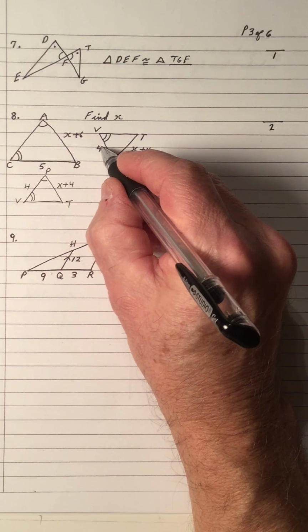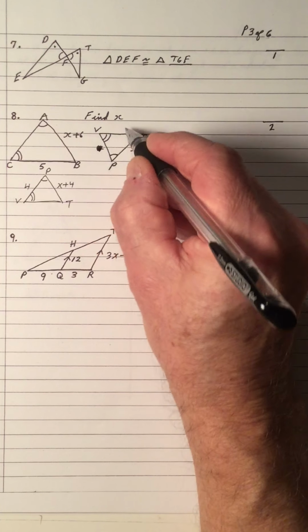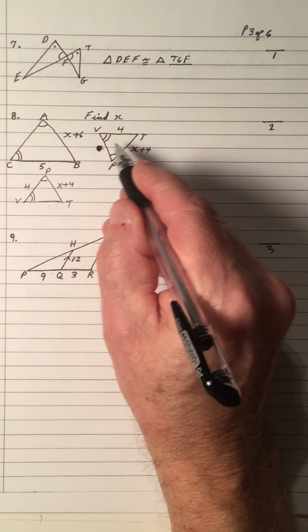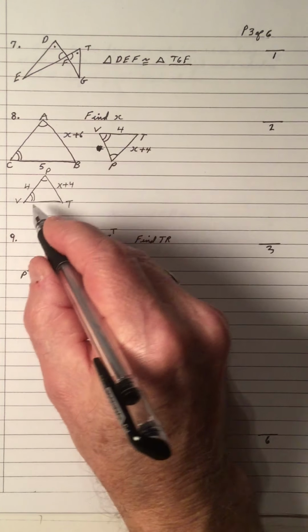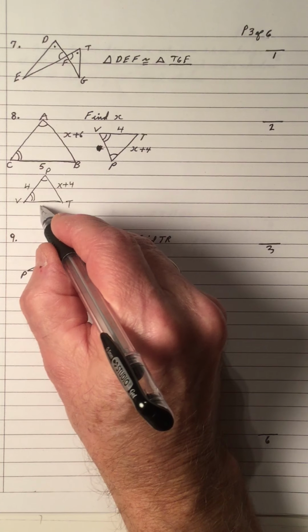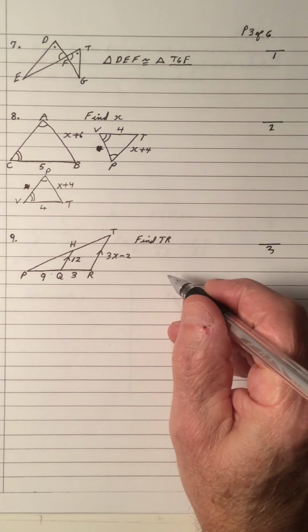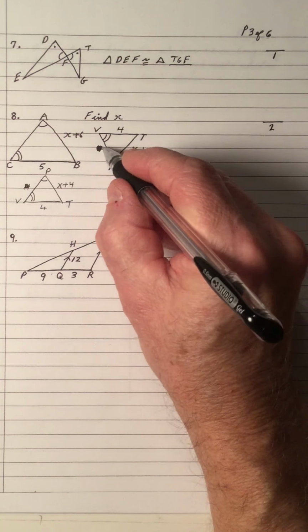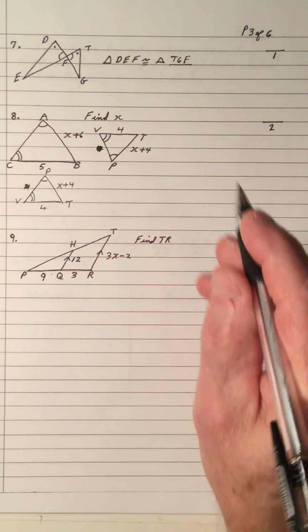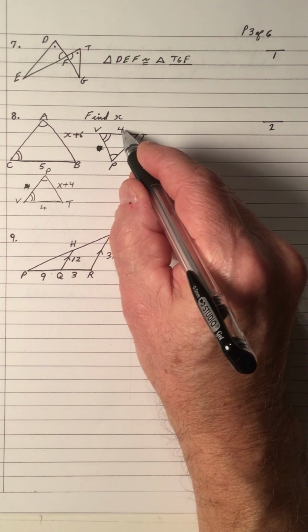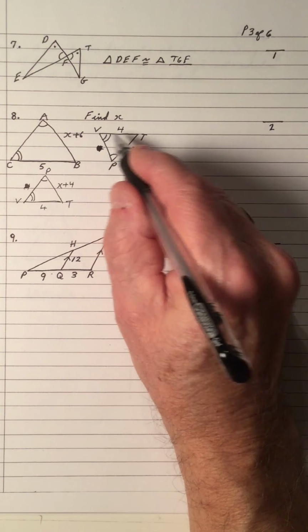Now, if I had that 4 right here, then because I have VT, which is 4 instead of here, this would have worked out. So as it was, I could not find what X is. But let's put the 4 on VT.